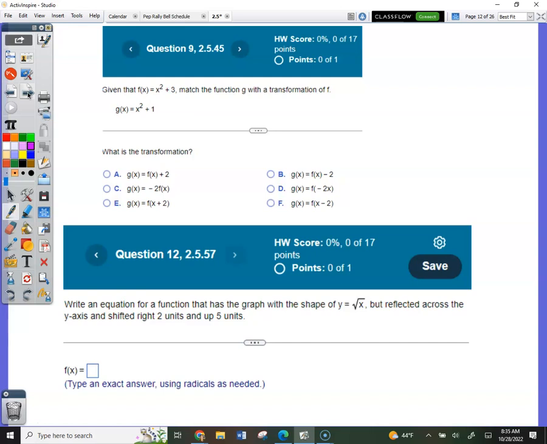Do you see that? It's saying transform f. How do you get f to become g? Look at the difference between the two. So how do you get x squared plus 3 to become x squared plus 1?